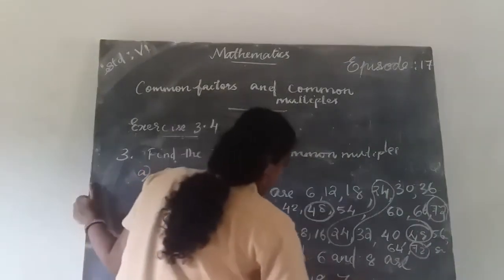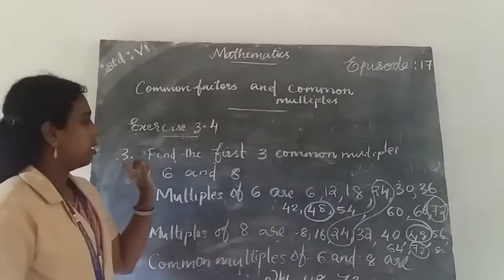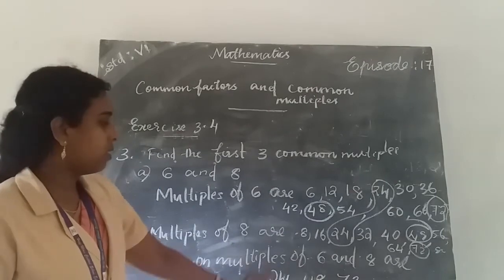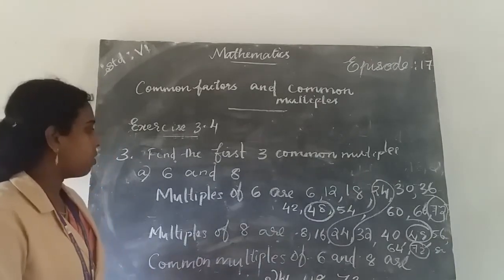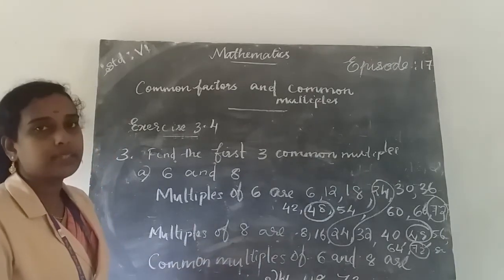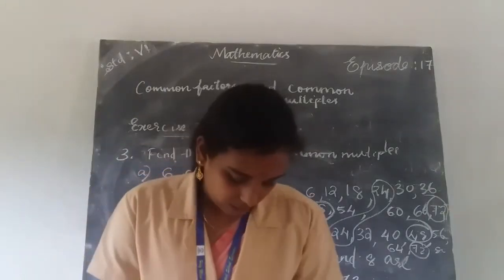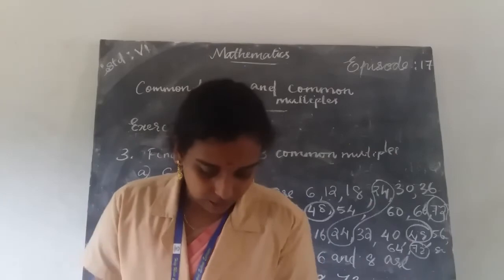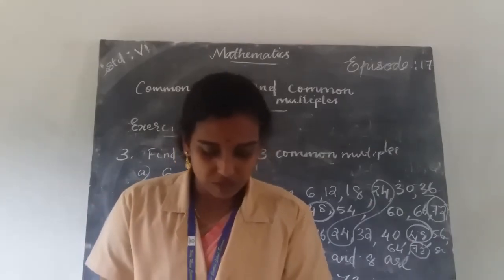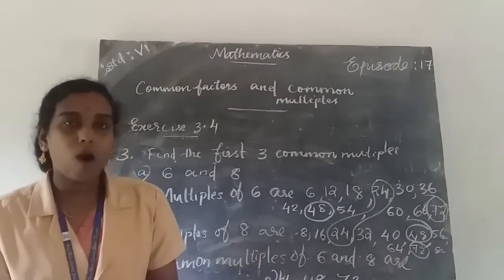And 72 is a common multiple of 6 and 8. Okay, so these are the common multiples of 6 and 8: 24, 48 and 72. Like this, you should write the common multiples of 12 and 18 as your homework. Okay.